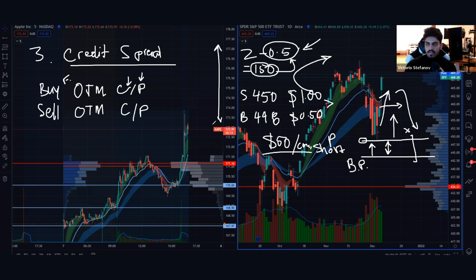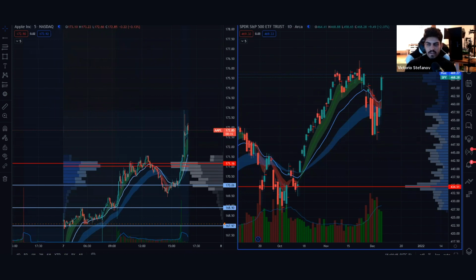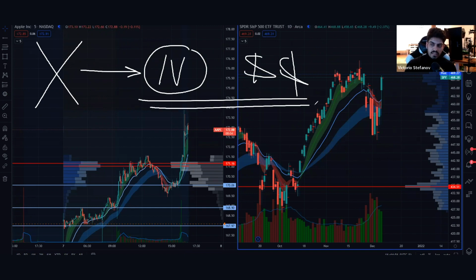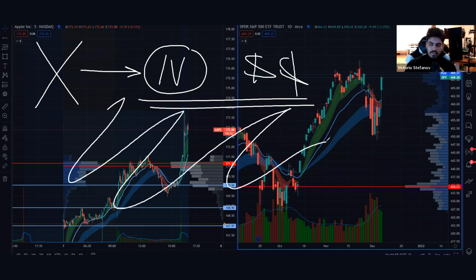Now, one caveat for credits. Remember, this is more of a beginner lesson. We can't cover exactly everything, but one caveat for credits is that you do not want to trade higher IV stocks. Even though you're going to collect more premium, they move way more erratically for the most part.